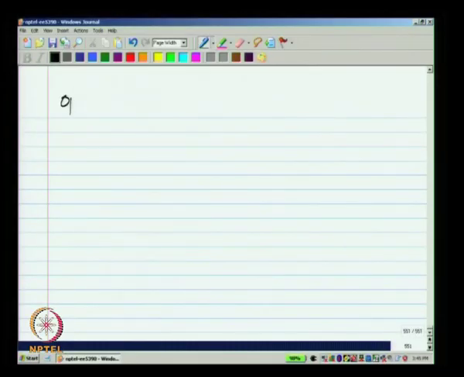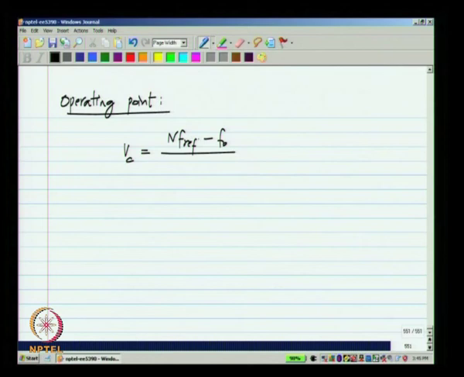If you recall, at the operating point, the control voltage had to be equal to n f ref, the output frequency, minus the free running frequency f naught, divided by KVCO, and it was also equal to KPD times phi ref minus phi FB by n, because it is detecting the phase difference between phi ref and phi FB by n.